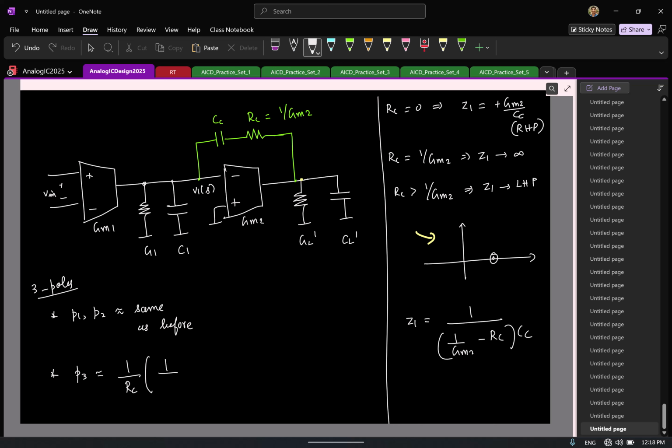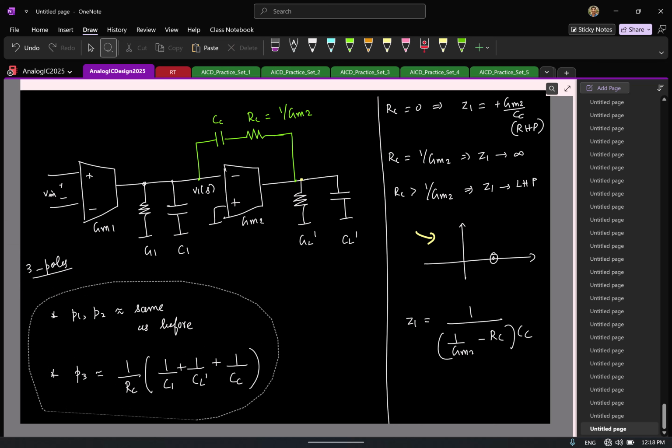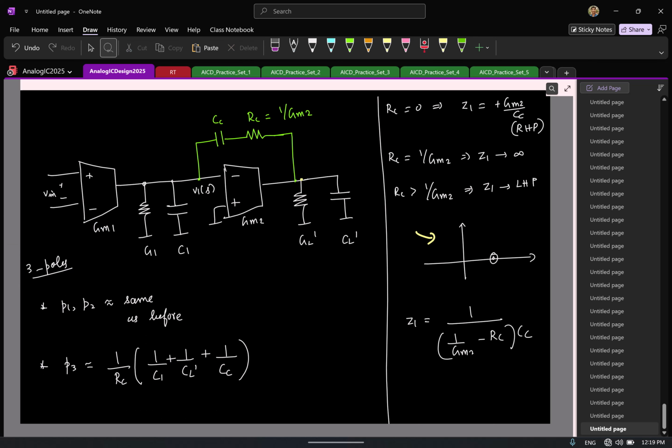1 by RC into the series combination of all capacitors. This is again a very approximate result, because if you actually try to find it in detail, it becomes too cumbersome. I can just give a very qualitative explanation.